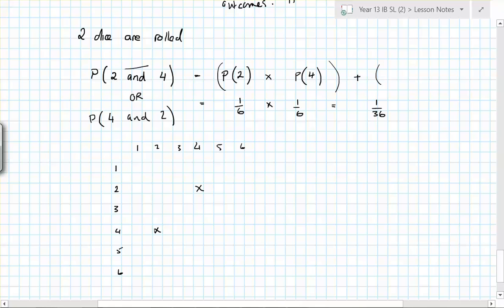What could I do with this word to change that to be only 1 out of 36? Make it conditional. Or, oh no, so what would be the probability of getting a 2 or a 4? That's a good question.